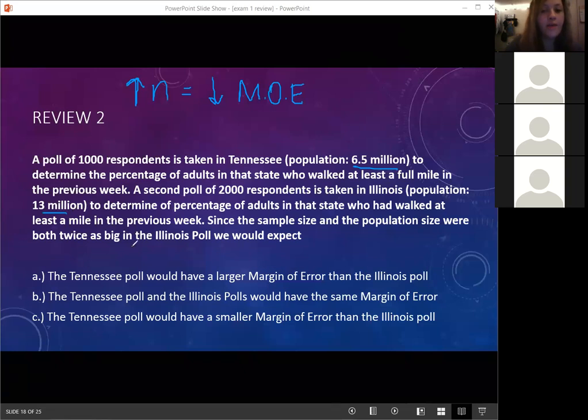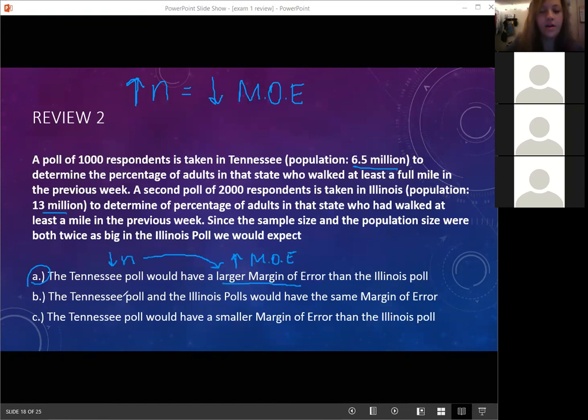That means our answer would be A, because the Tennessee poll has a smaller population and a smaller sample size, so that's going to lead us to a larger margin of error.